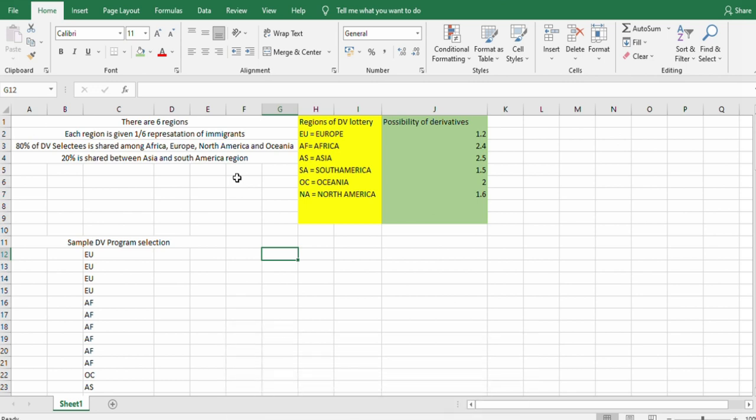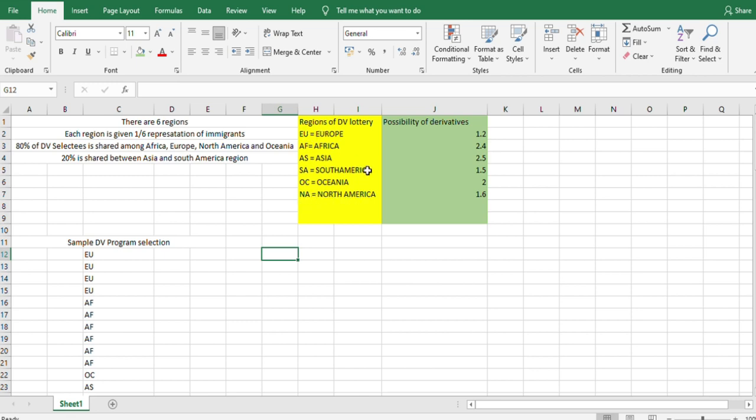So let's go directly to the topic. In the DV lottery program, there are 6 regions. The regions from which the selectees come from are divided into 6 regions. These regions are EU for Europe, AF for Africa, AS for Asia, SA for South America, OC for Oceania, and NA for North America.